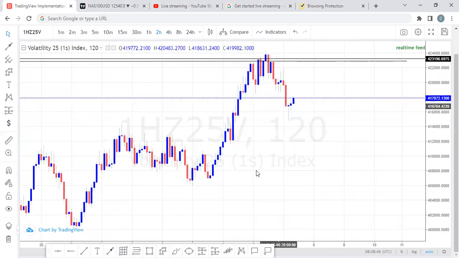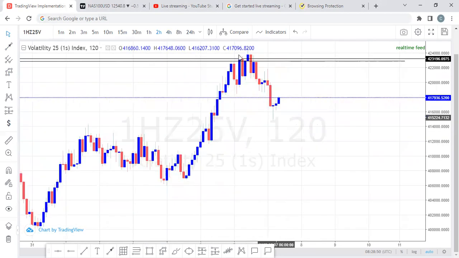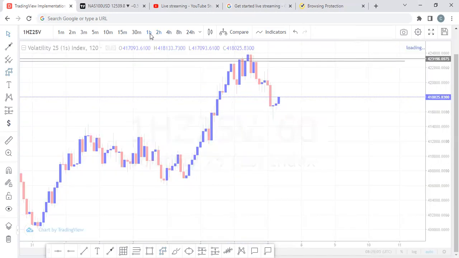Let me see. Currently the market is bearish, right? You can see that we can have a higher low, higher high, and then a break of structure. So this guy is bearish on the 2 hour for now. Let's look at 1 hour and see what the market is doing currently.